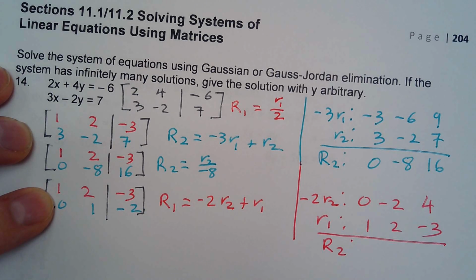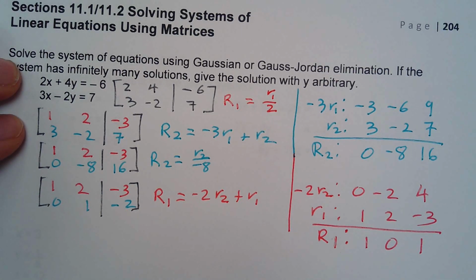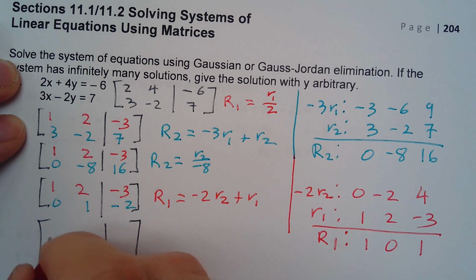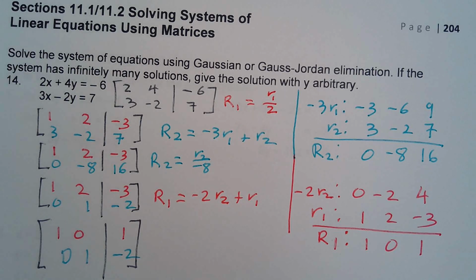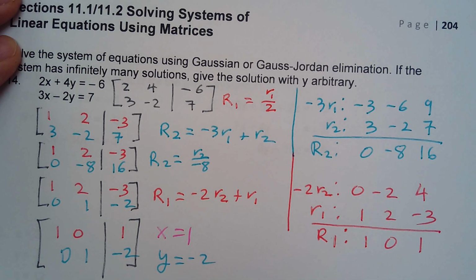Add these together, that'd be 1, 0, 1. Now I'm just going to read off the solutions. Here x is 1, and y is -2. So my solution here is going to be 1, -2.